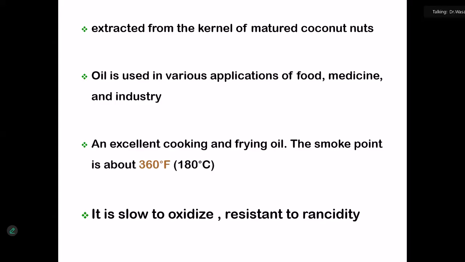So once you heat coconut milk, what is an emulsion? Oil in water. The oil is bonded with water.